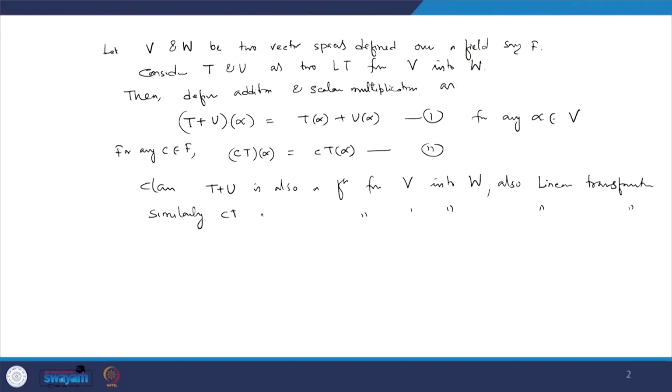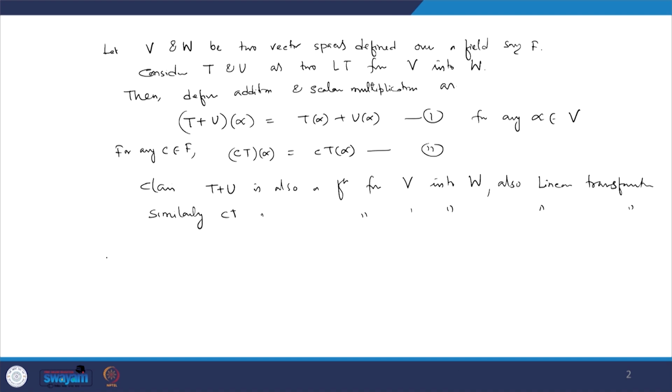I am coming to that, but before that let me see whether, the way I have defined 1 and 2, T plus U is a linear transformation from V to W or not and CT is also a linear transformation from V to W or not. Let us quickly check that first.